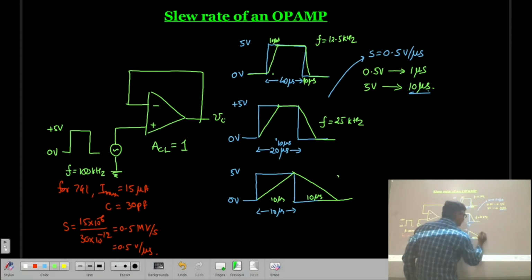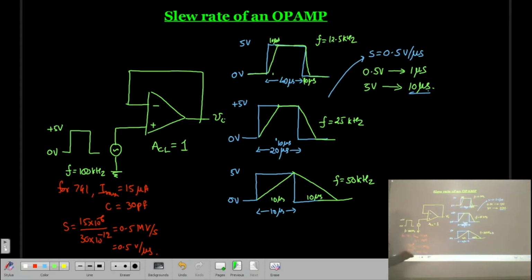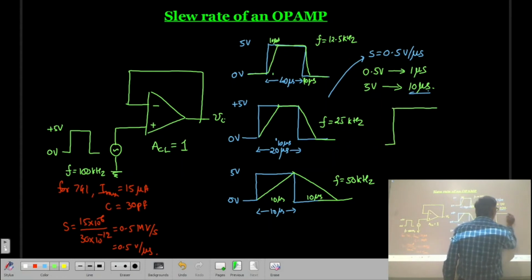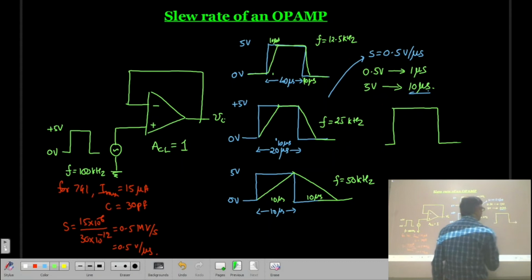And for this, the frequency is 50 kilohertz. Correct? So, if the frequency is low, now instead of 40 microsecond, if you take 80 microsecond or 100 microsecond, say, if we have a pulse width of 100 microsecond, correct?